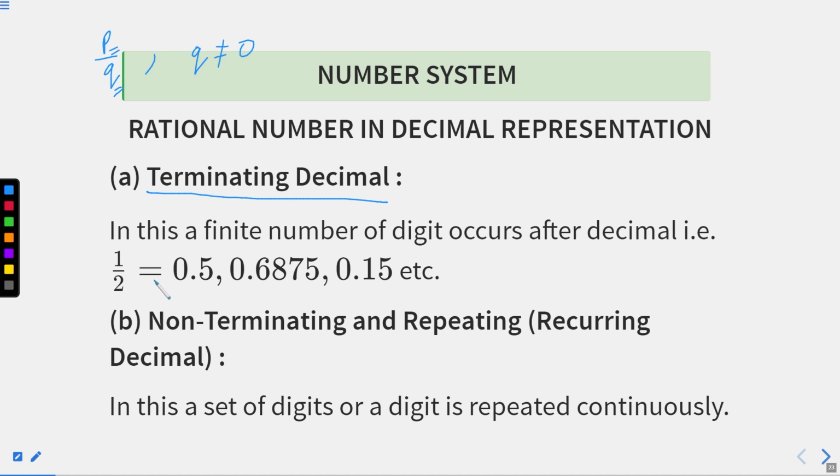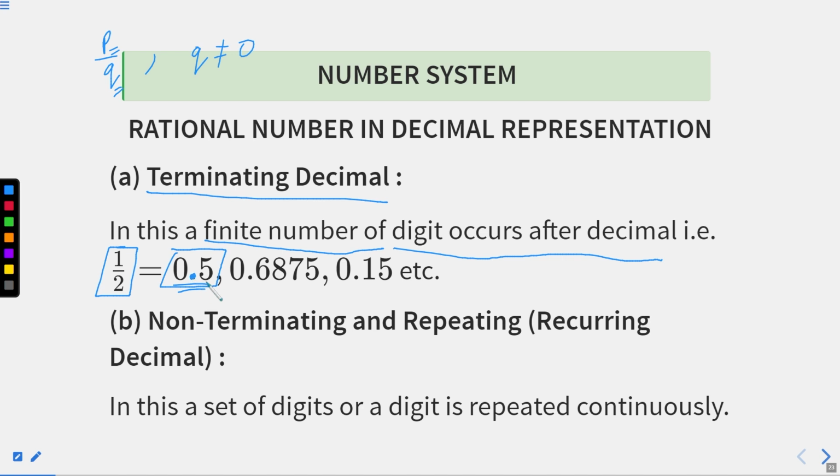For example, 1 upon 2 is equal to 0.5, so it is a terminating decimal number. What I mean by terminating decimal number is that a finite number of digits occur after the decimal.